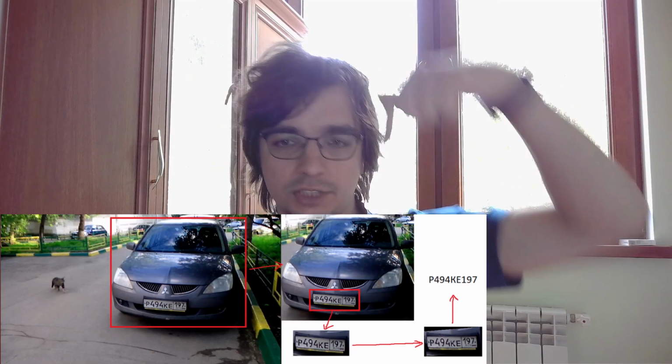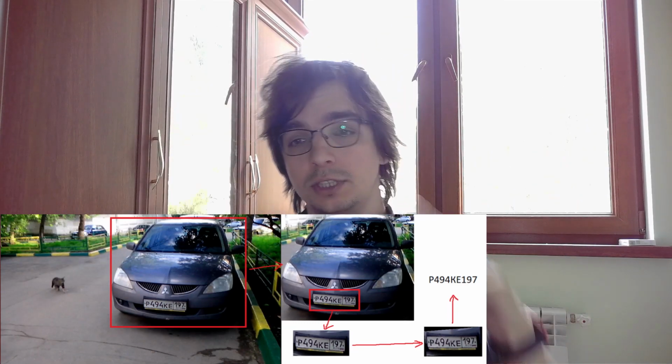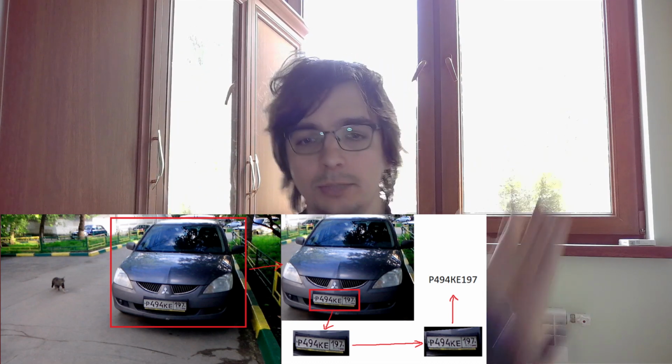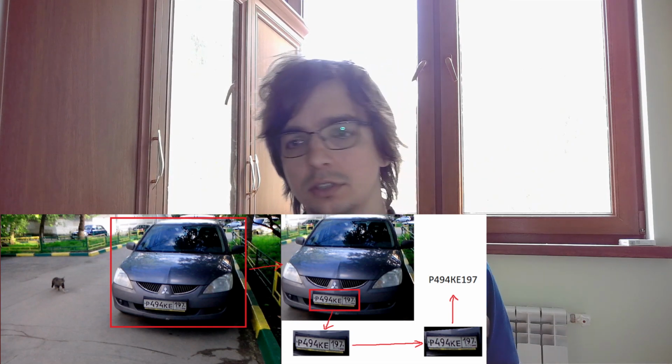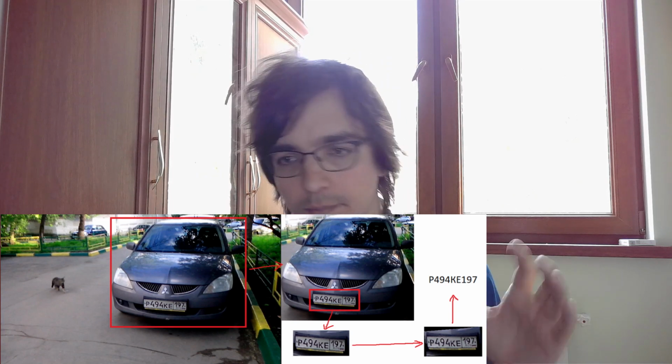First, let's generalize and look at the most common pipeline, and it looks like this. First we detect the car, next we detect the plate, next we normalize the plate, next we recognize the full plate, and we have our number.